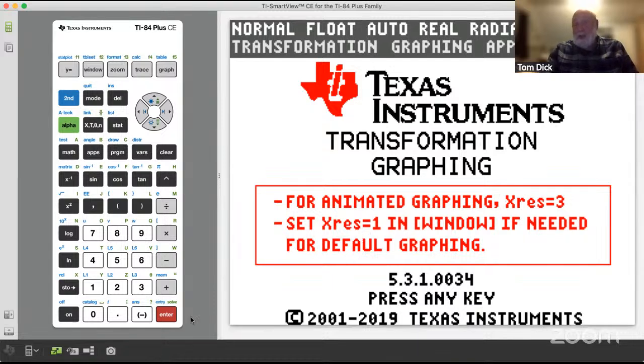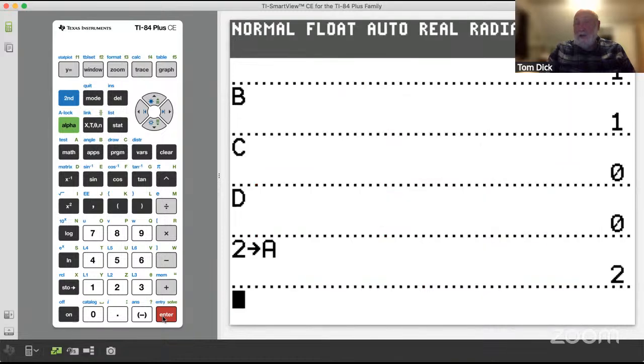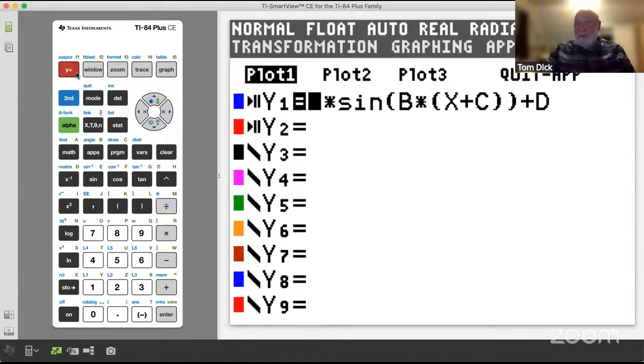Now it says press any key. I'll just press enter. And if I go to Y equals, note that beside Y1 and Y2 we have a slightly different symbol. Those show me that these two functions, Y1 and Y2, are active under this transform app. Okay, so let's go ahead and graph this again.